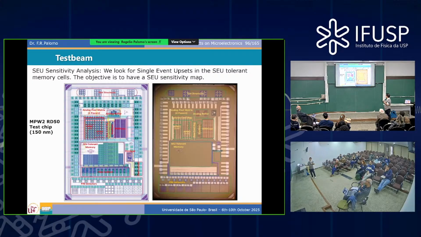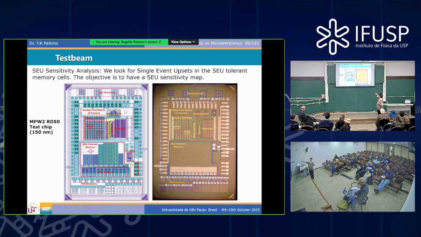This was the real chip. As you can see, basically you see no transistors. You only see passivations and metals, because that's the aspect of a real chip. That chip was around 2.5 millimeters by 1.3, I guess. And there you have the analog pixel matrix. That was our first monolithic detector working properly.